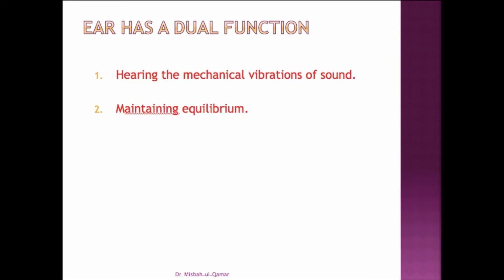The two functions which your ear performs are hearing the mechanical vibrations of sound, for which your auditory system uses hair cells to transduce the vibrations which are generated by the sound waves. And the second function is maintaining equilibrium, both while moving and while staying still.